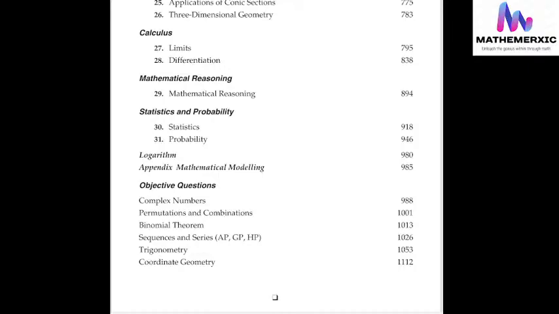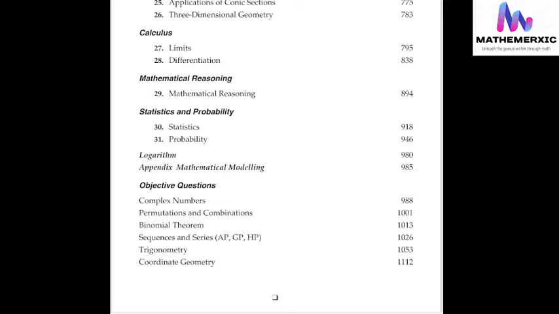A new topic for grade 11 is limits, which play a very important role in calculus. For functions, the fundamental rules and limits should be known to us properly. Differentiation is introduced in grade 11. We will also know the chain rule and different methods of differentiation.